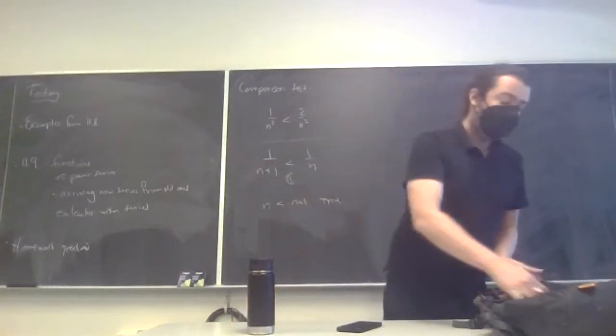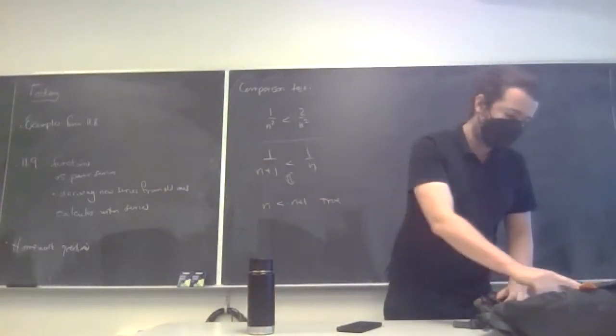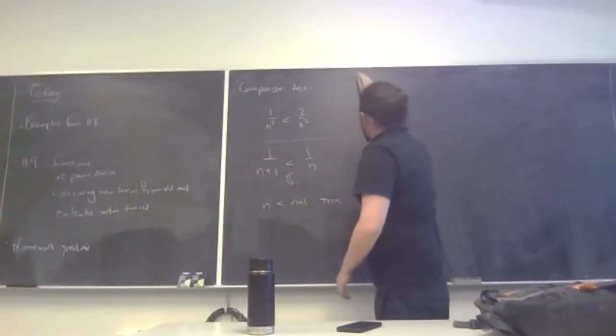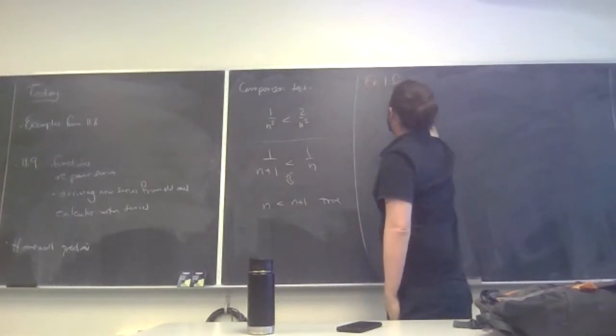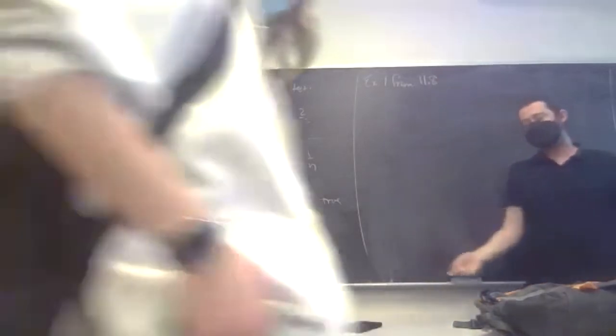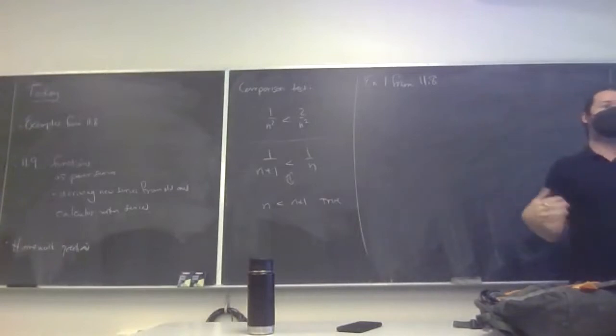Okay. So let's start with some examples from 11.8 here. Example 1 from 11.8. I picked out a couple of questions from the homework questions from the book, because I think having more examples of how to work these things is important.